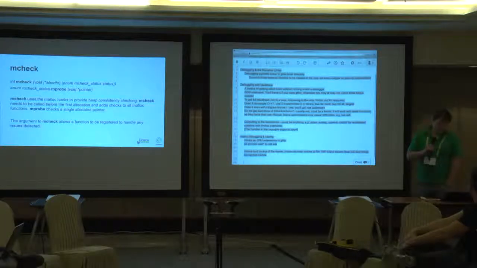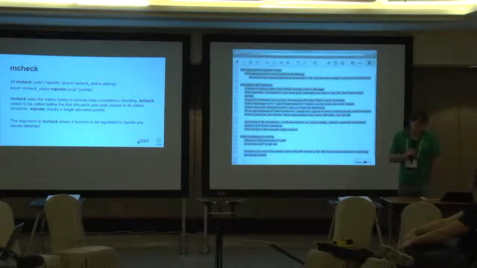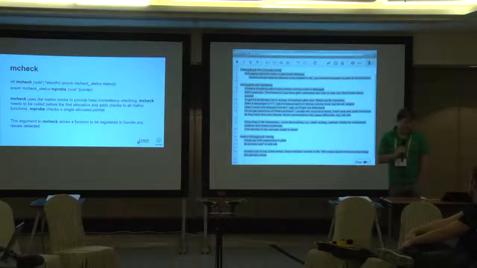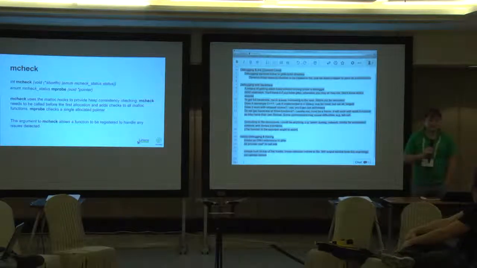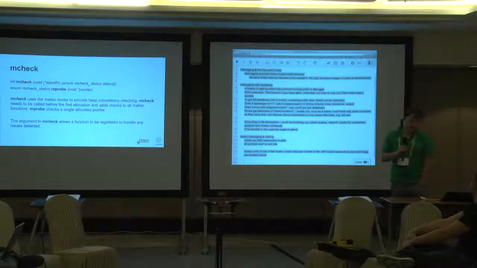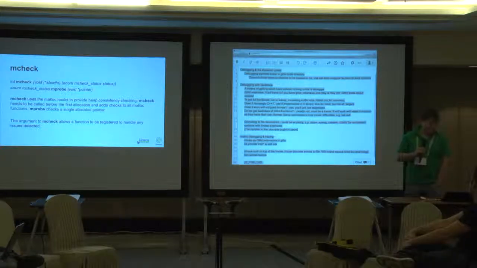You've got to call it before any allocations are done, before the allocator's been entered at all, which can be quite tricky. One way to do it is to build a simple shared object that has an init function that calls mcheck and use LD_PRELOAD with it, and that'll make sure it happens really early on.